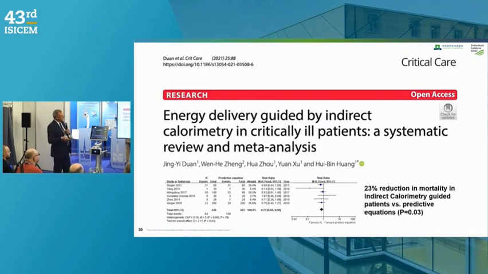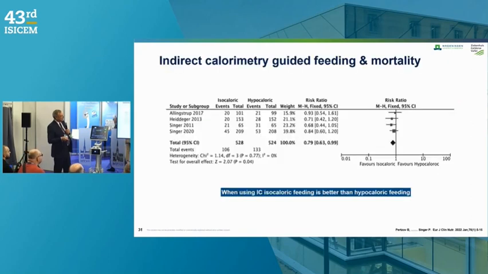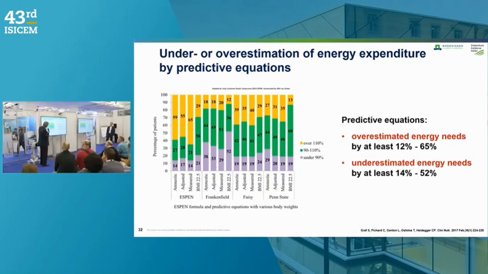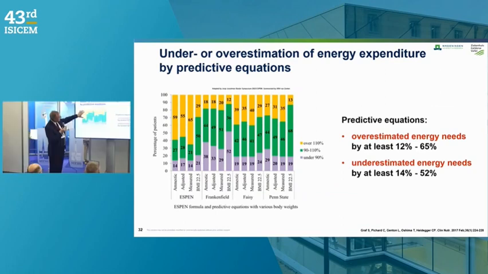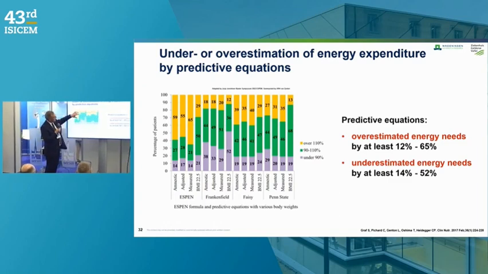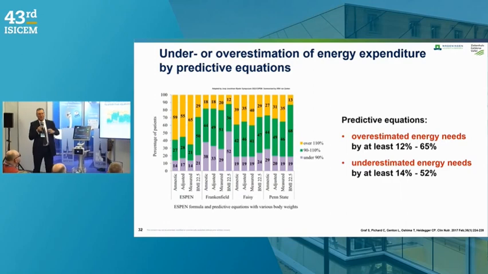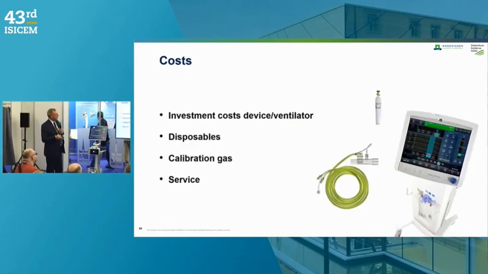And there's also some data showing that it can reduce even mortality in patients when you summarize all the data in a meta-analysis. So here you can see that if you use equations and you measure indirect calorimetry, you have a large proportion with all the equations of overfeeding and underfeeding. So the equations are not very helpful.